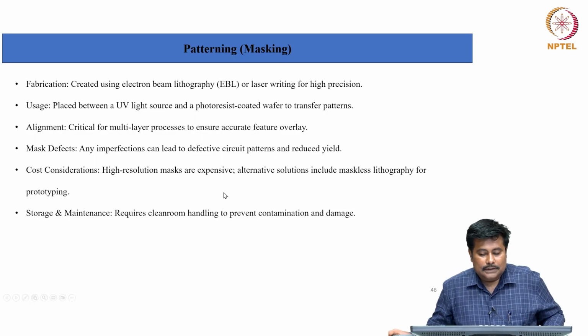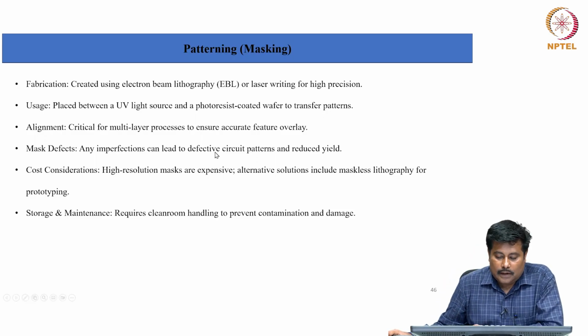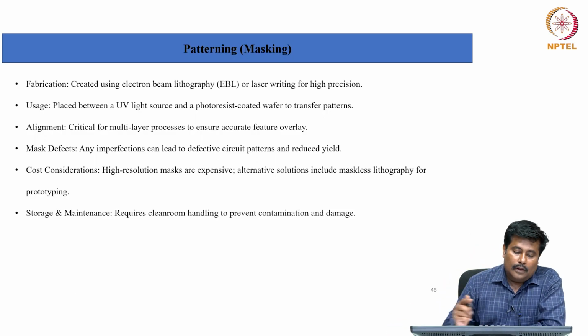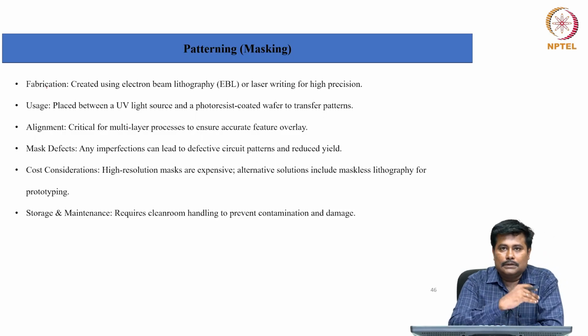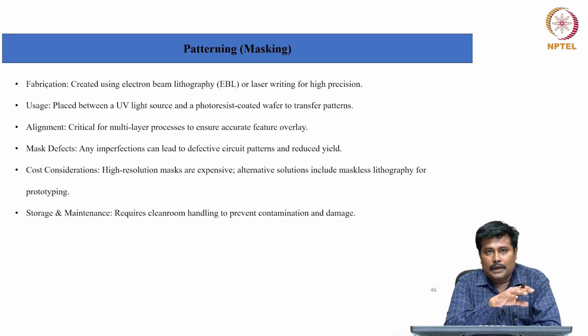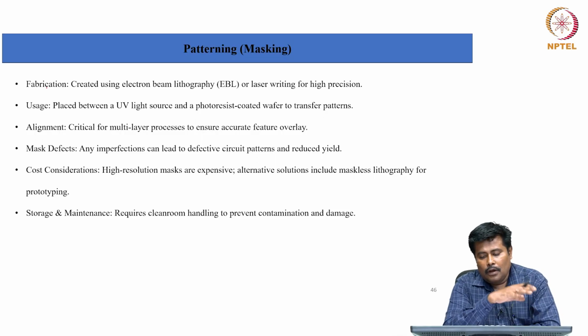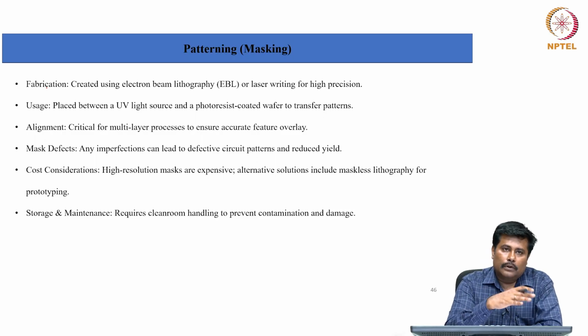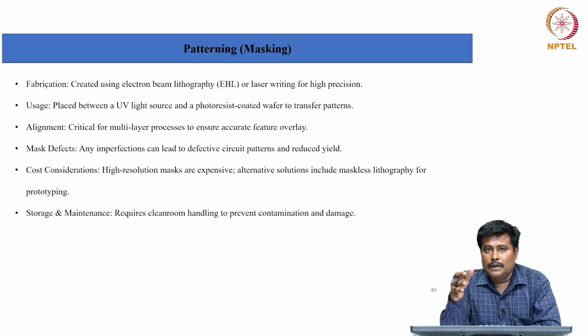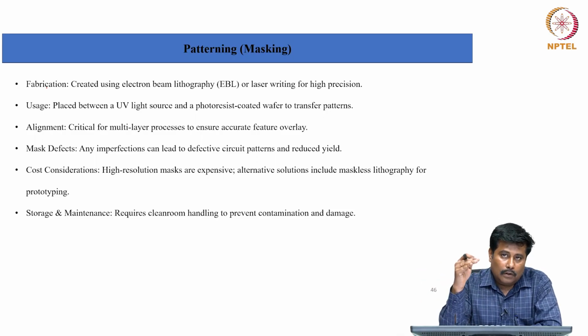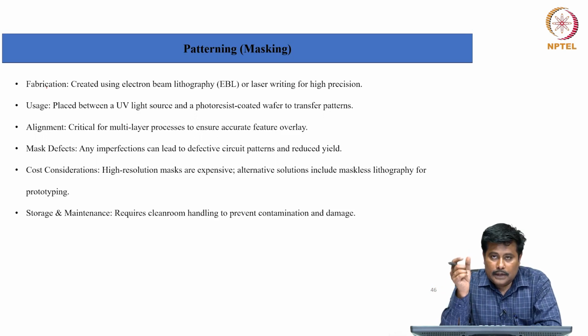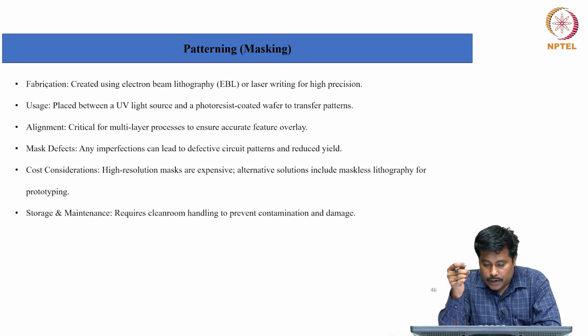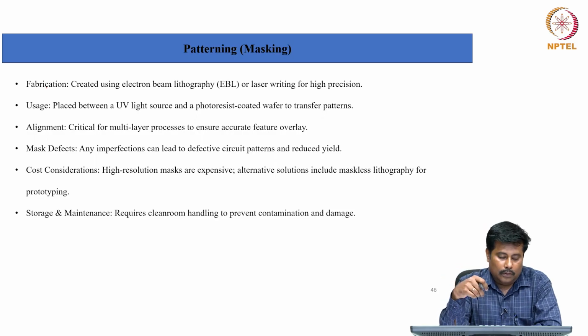Now, as far as patterning or masking is concerned, we need to understand certain terminologies. One is fabrication, where the mask is created using electron beam lithography or laser writing for high precision. In usage, it is placed between a UV light source and a photoresist-coated wafer to transfer the pattern. From an alignment point of view, it is critical for a multi-layer process to ensure accurate feature overlay.